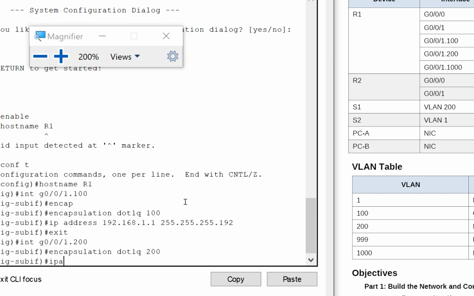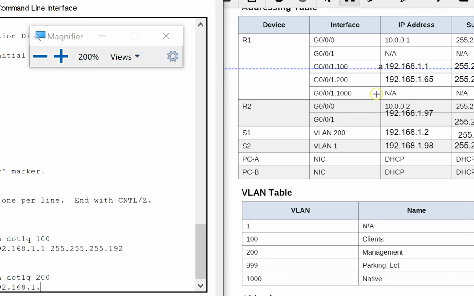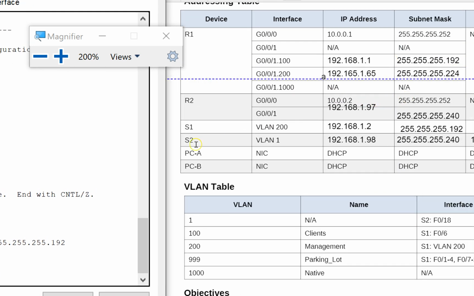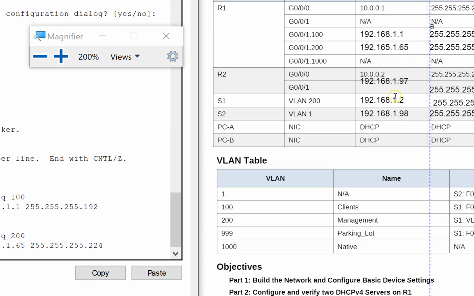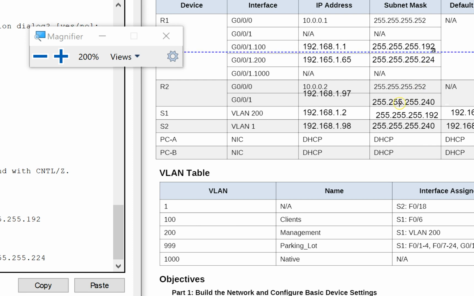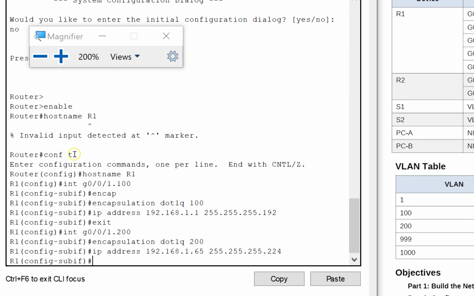And then IP address 192.168.1.65 with a 224. 255.255.255.224, not 240. Almost messed it up. See, memory. I'm old. Fails me. I got that boomer memory. All right.